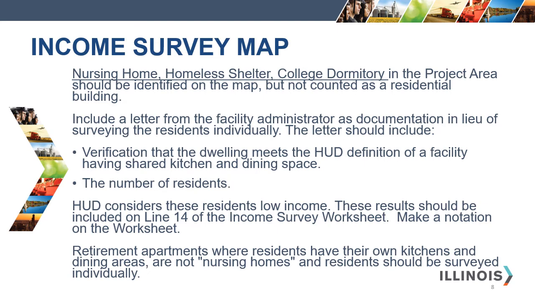Make sure that the letter includes the number of residents that can be accommodated. On the income survey worksheet, the number of these residents should be added to the total on line 14. This will give you an estimate of the total number of LMI persons in your service area. Please make a note on the income survey worksheet that you added these residents to your calculated number.